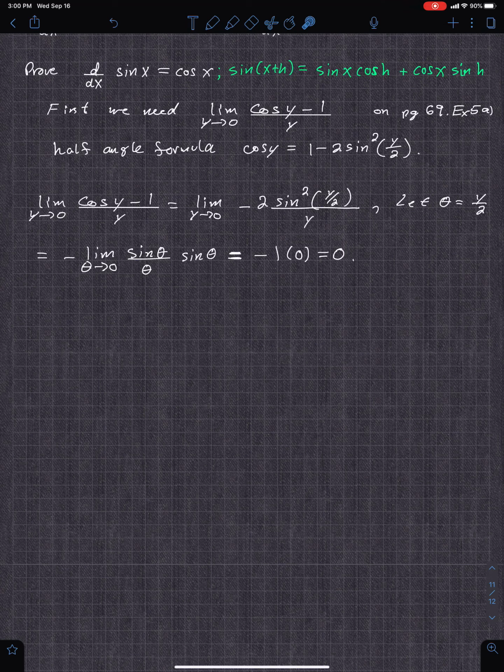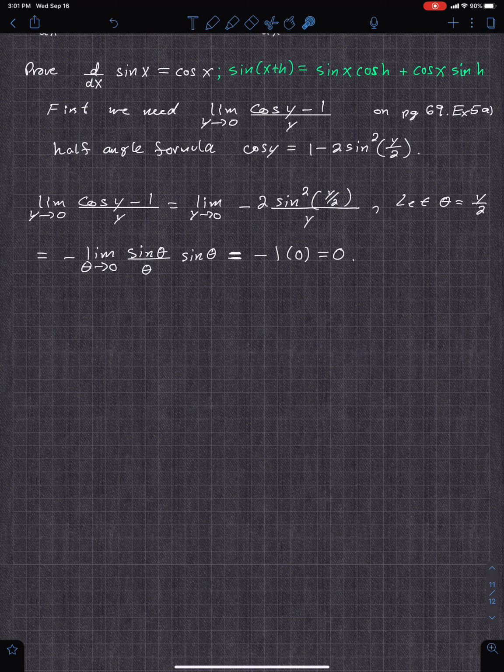Well, it turns out on page 69, example 5a goes through this little example of what it is, using basically sine theta over theta as our major theorem that's not using other limits.